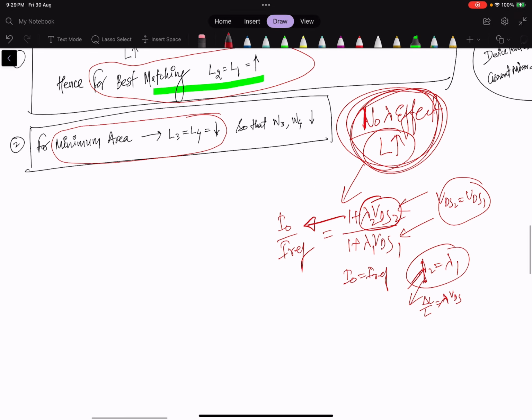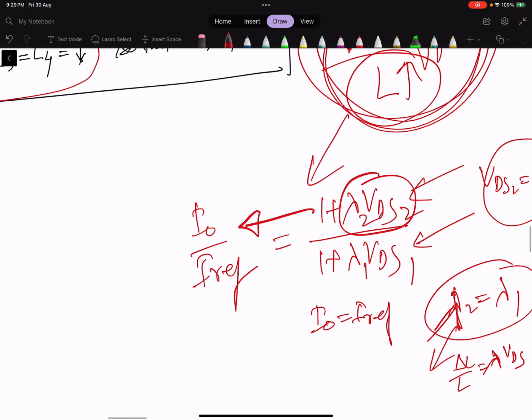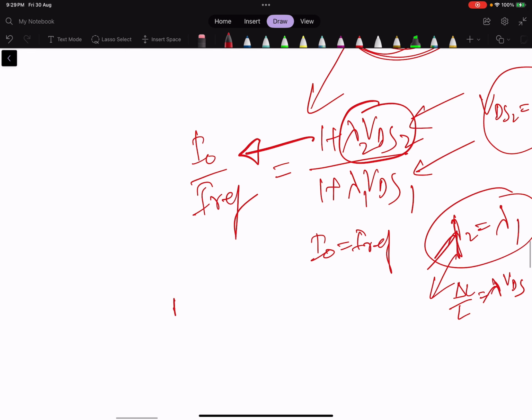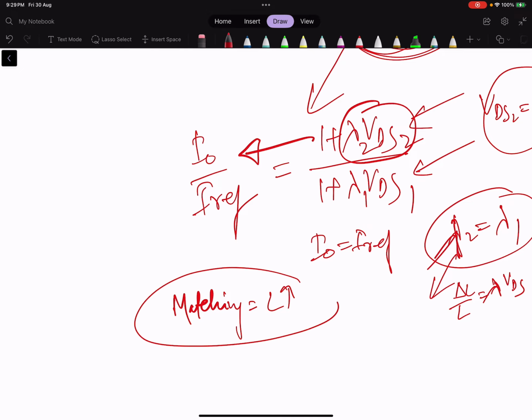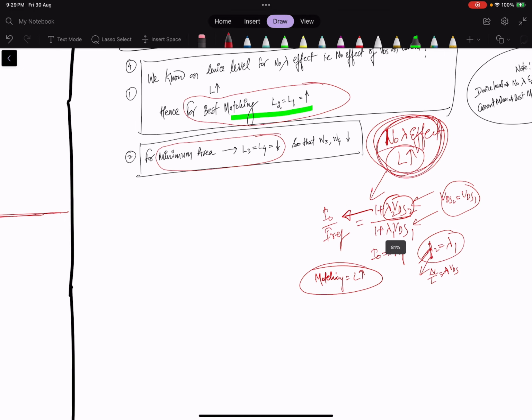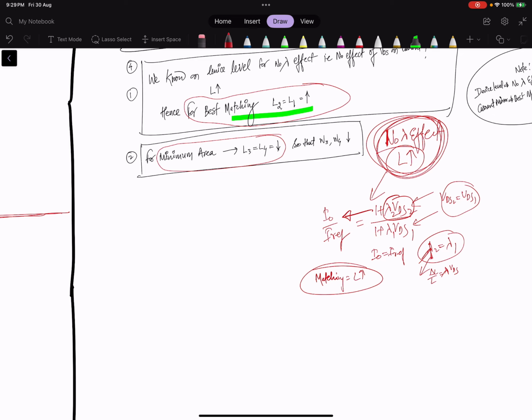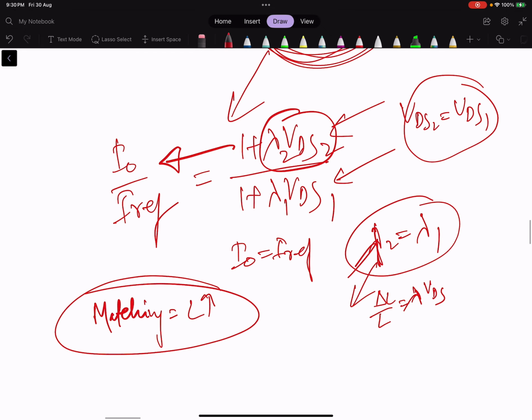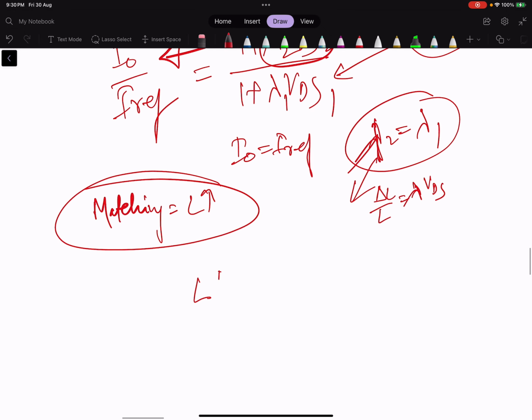So this is a simple thing, that for proper matching, length should be high. Let's say if you make length small, lambda is high.